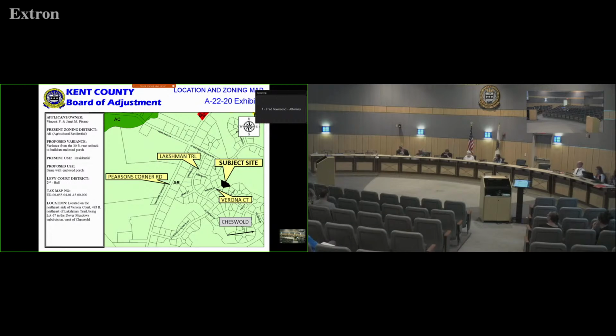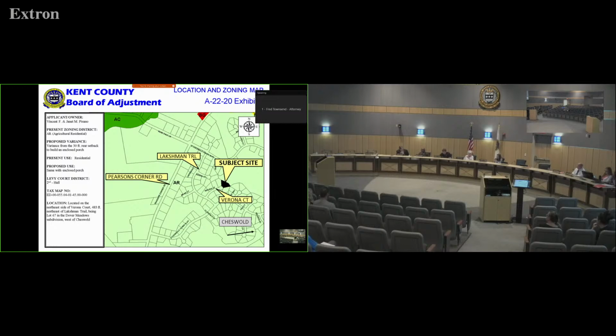Well, I think that property is unique. It's definitely not a regular shaped property, and there's no one behind them, so it wouldn't seriously negatively affect neighboring properties. And I certainly agree with that.